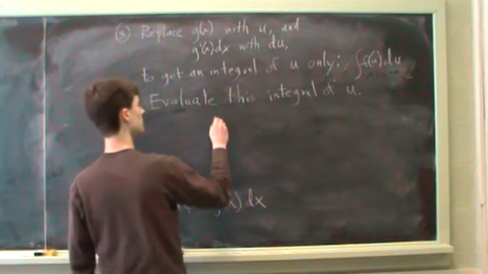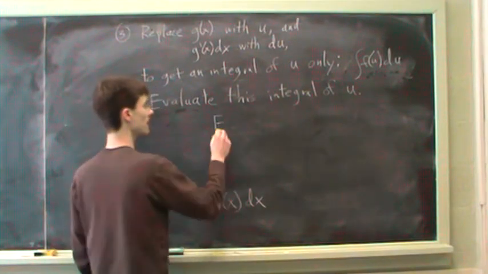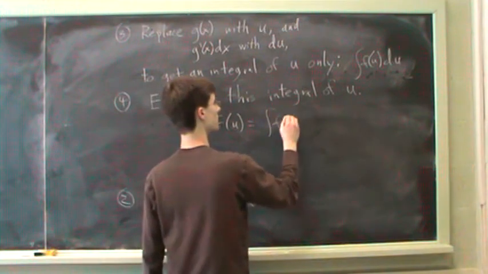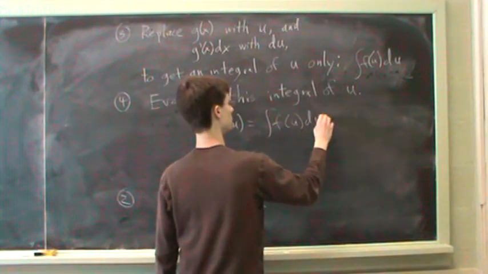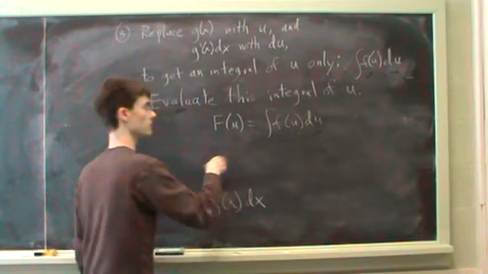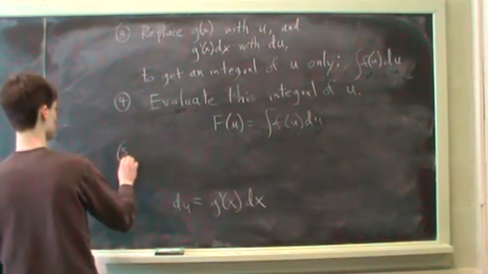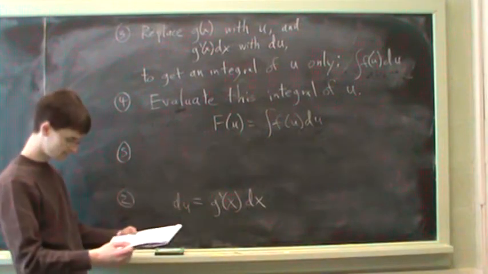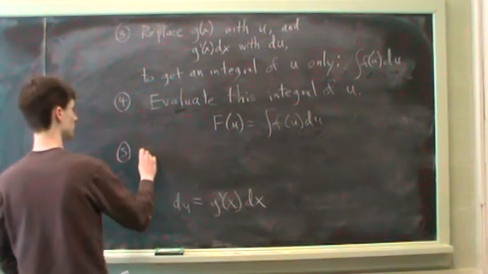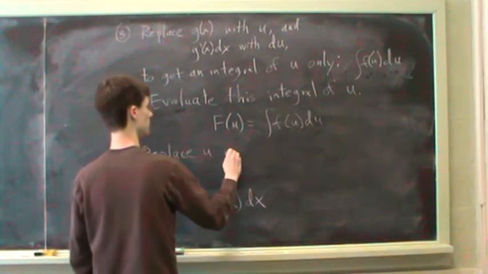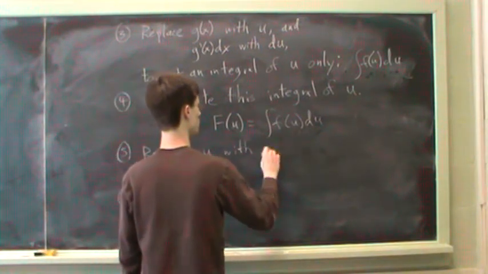So you are going to get some function capital F, which is an antiderivative of f. Some function of u, which is an antiderivative of f. Now, we're going to replace u with g of x.